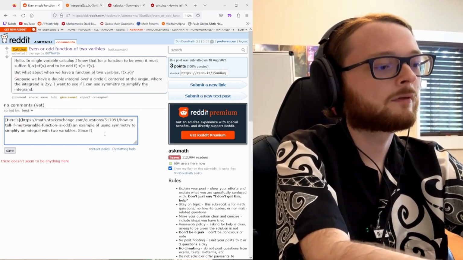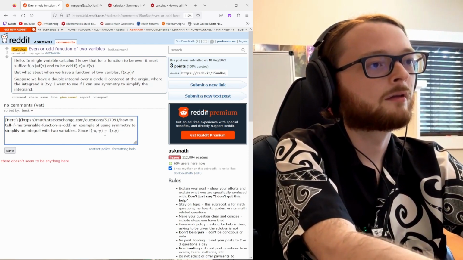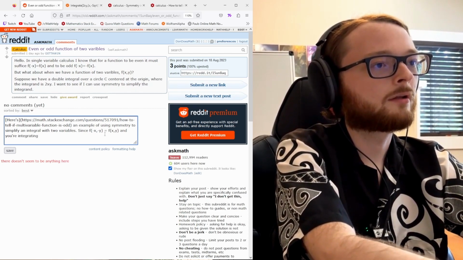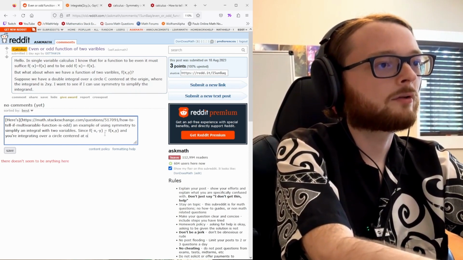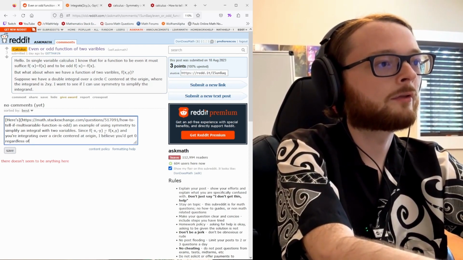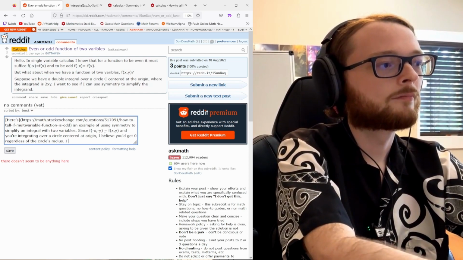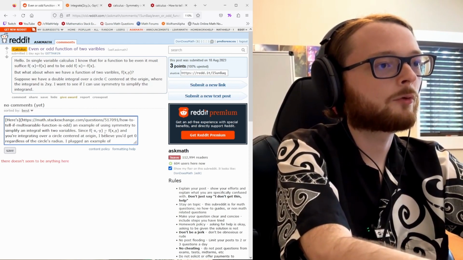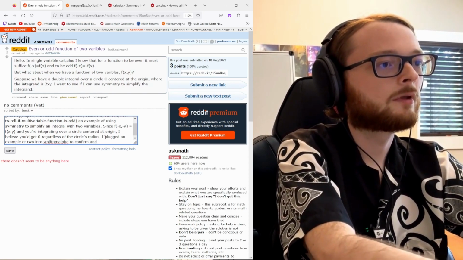Since f of negative x, negative y equals f of x, y, and you're integrating over a circle centered at origin, I believe you'd get 0 regardless of the circle's radius. I plugged an example or two into Wolfram Alpha to confirm it seemed to work.